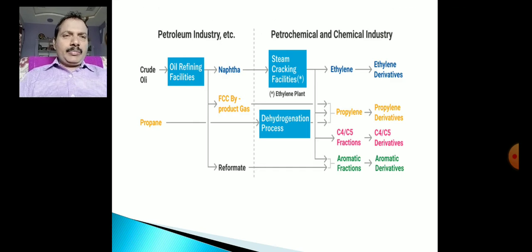In the petrochemical industry, steam cracking plays an important role, which will fractionate the naphtha input raw material into different fractional elements like ethylene, propylene, C4, C5 fraction, aromatic fractions.